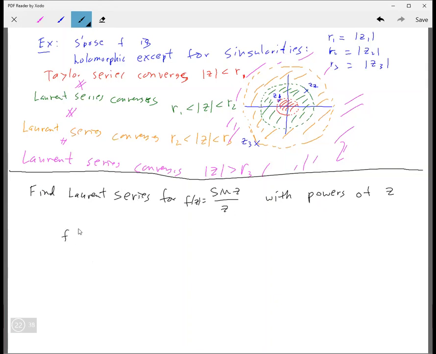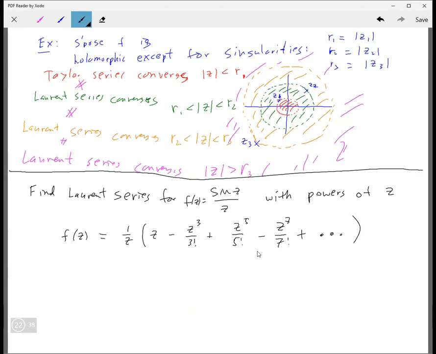Okay, so now what you can do is you've got this 1 over z here. You can pull the 1 over z out, and then sine z is going to be z minus z cubed over 3 factorial plus z to the 5th over 5 factorial minus z to the 7th over 7 factorial. Okay, and that's 4 non-zero terms right there. 1, 2, 3, 4 terms.